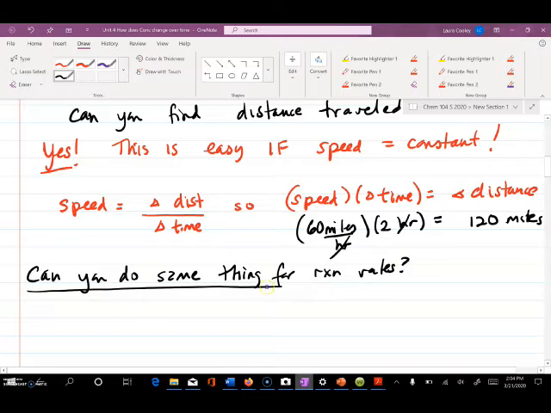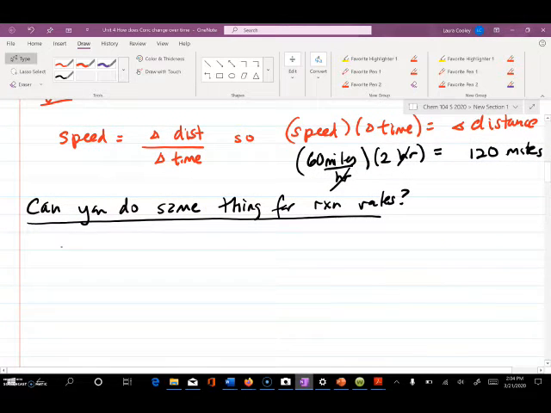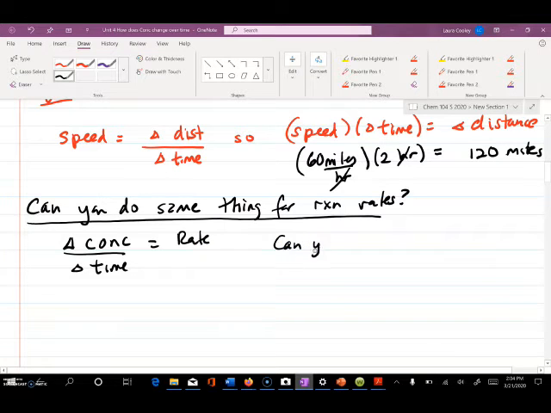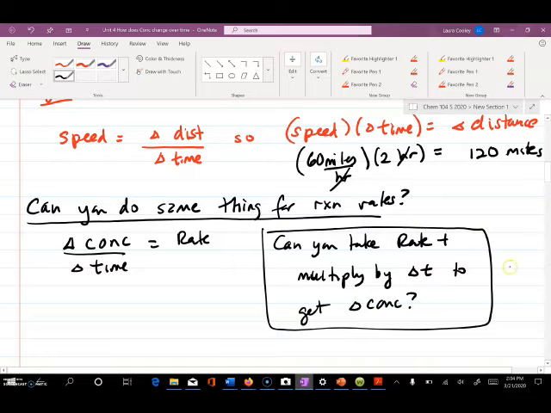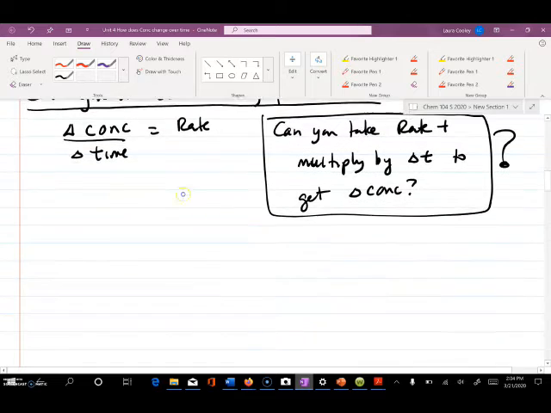In other words, since the rate is the change in concentration over time, can you take the rate and multiply by the change in time to get the change in concentration? Can you do this? What's the answer to that question?